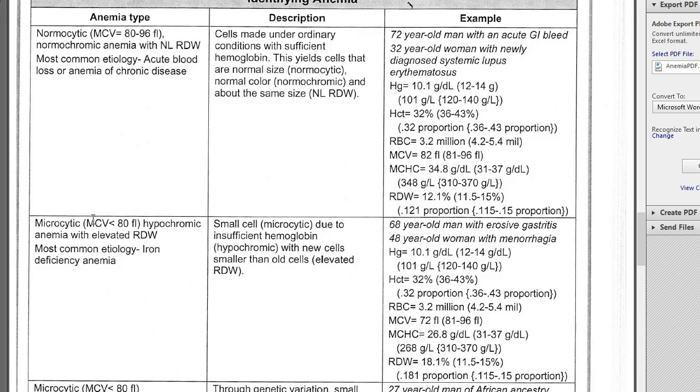But keep in mind, in developed countries like the United States, it takes on average about 8 years of inadequate iron intake in adults before you're going to see an iron deficiency anemia occur.